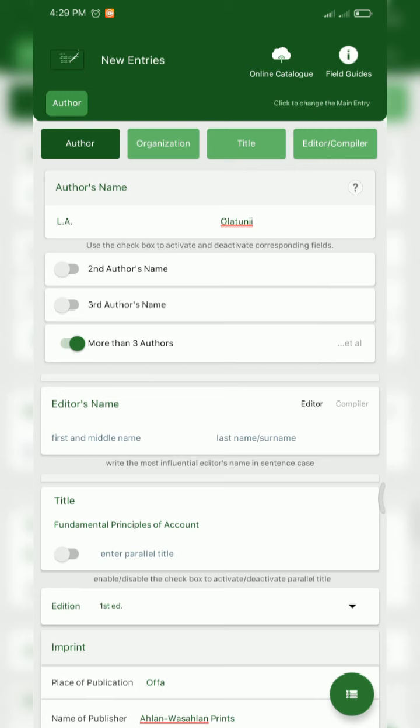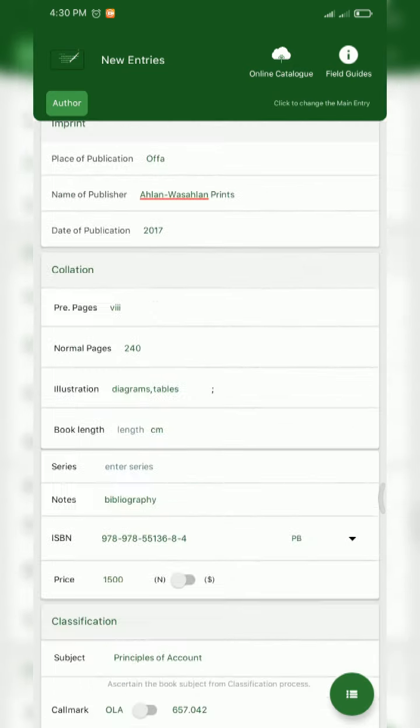So it is a book produced by an organization, or a book that is compiled, edited by an editor. Because there are some books that don't have an author, and I have one right in front of me which I'll be dealing with later. So I want you to stay tuned and watch out.